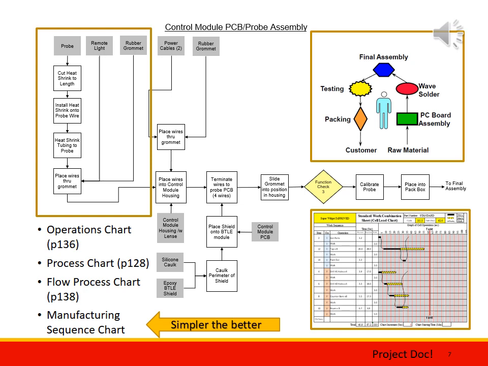I also want to point out to you, in the lower right-hand corner, a representation of the operation that's going on in those two views. What's going on in the manufacturing sequence chart, you can see there pictorially, it would actually look like the cell, kind of a bird's eye view of the cell.